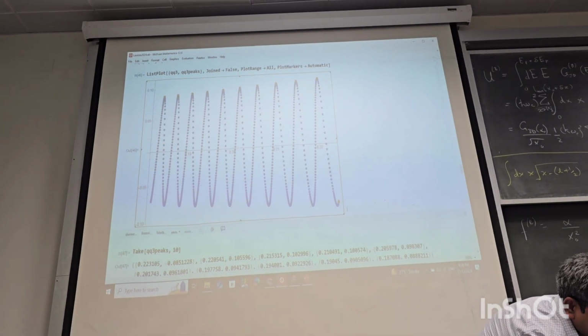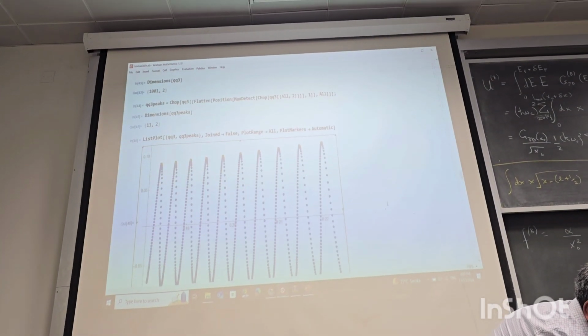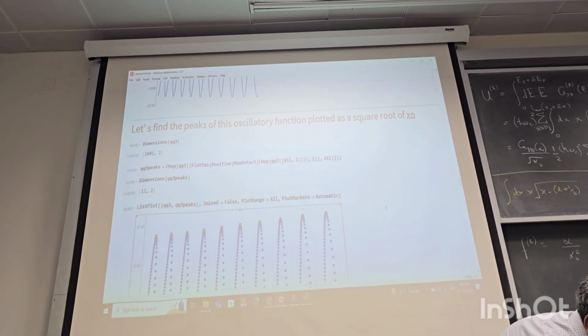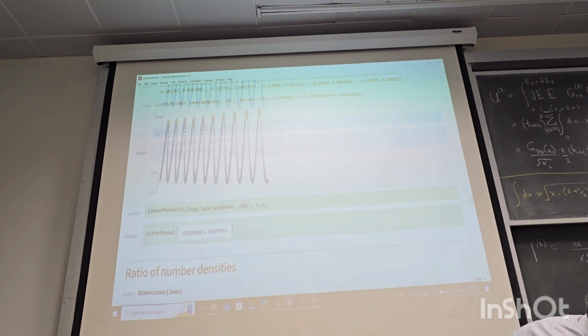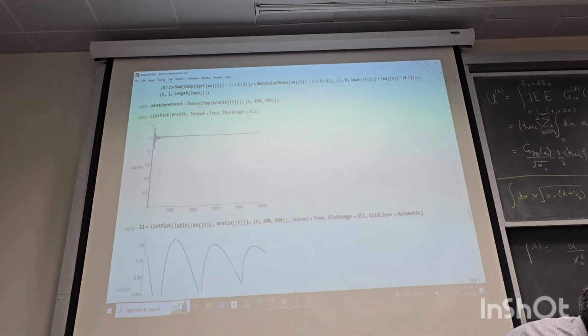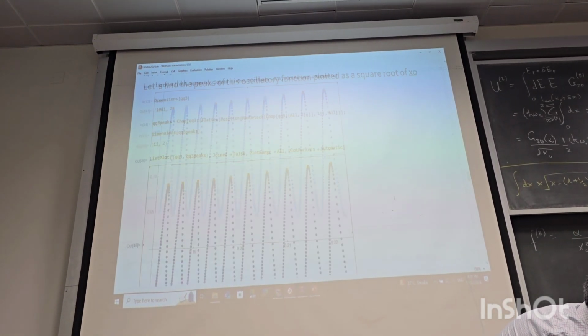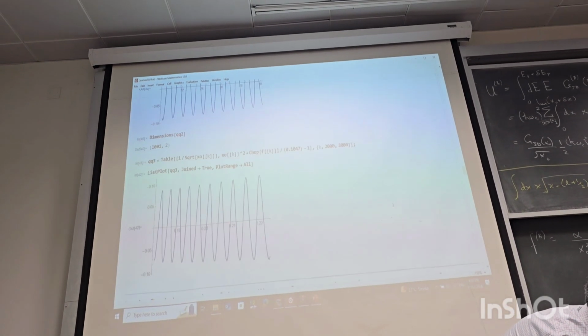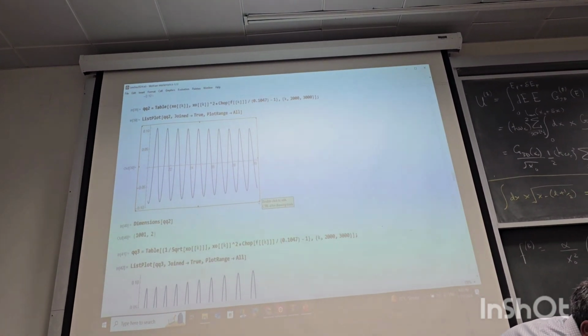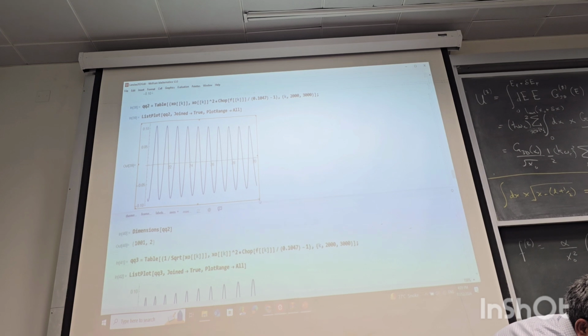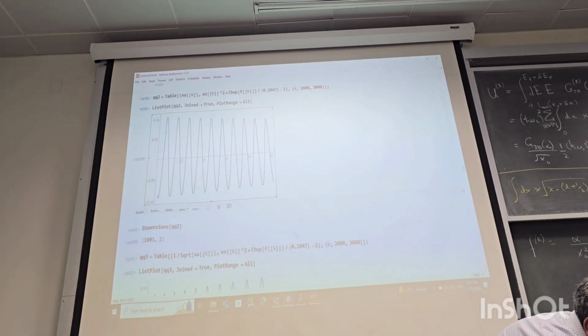But this is with respect to x, 1 over square root x. So we can look at this function. This captures the oscillation already.